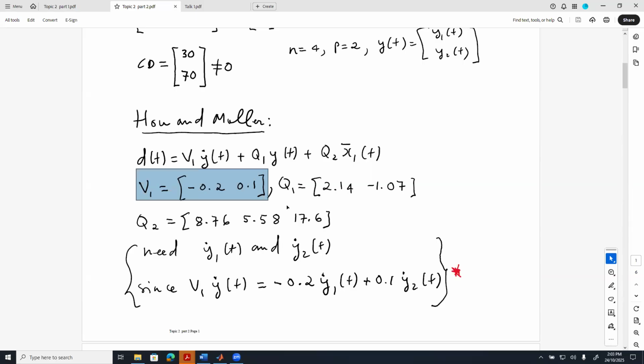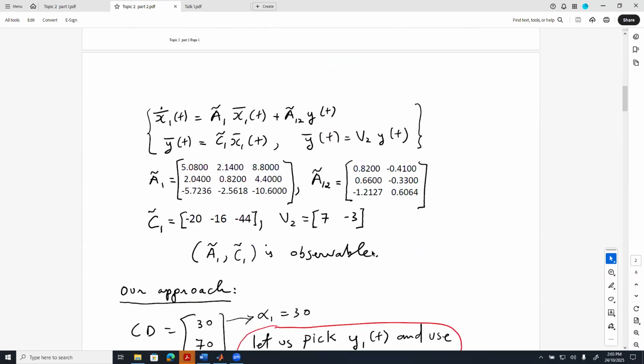And of course, according to this decomposition, clearly when we take V1 and multiply by y dot of t, we require the first derivative of measurement y1 of t and the first derivative of measurement y2 of t.